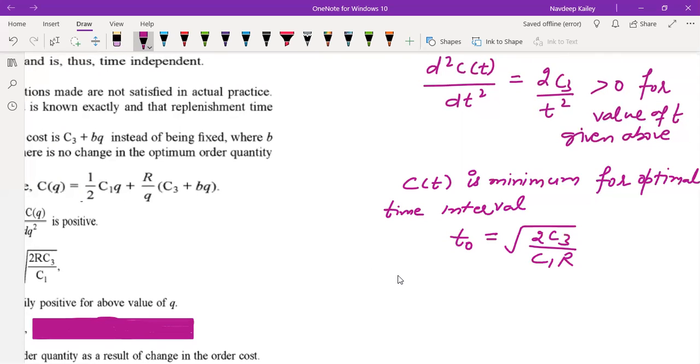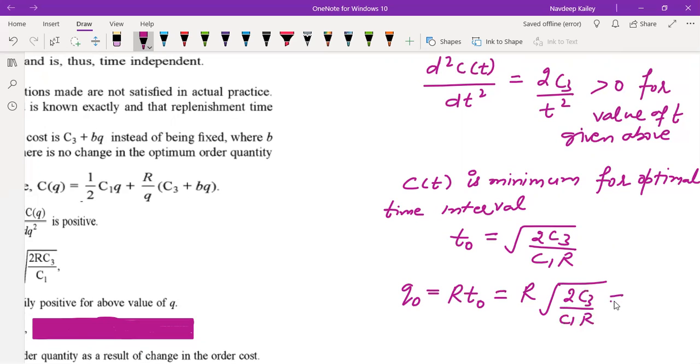Also, the optimum quantity Q naught to be ordered during each order is given by capital R into T naught, capital R into the square root of 2C3 upon C1R.